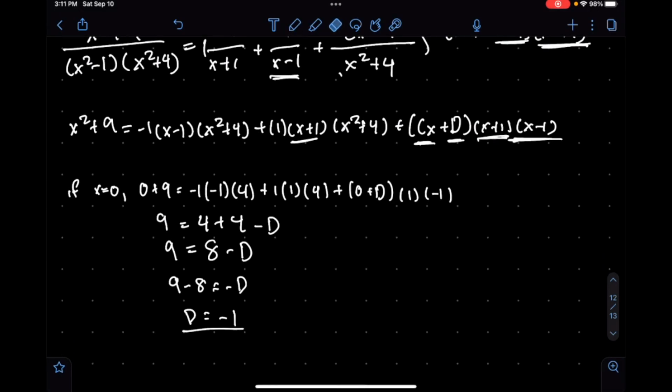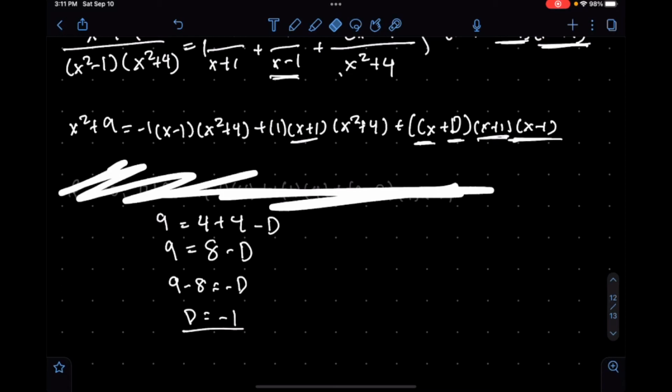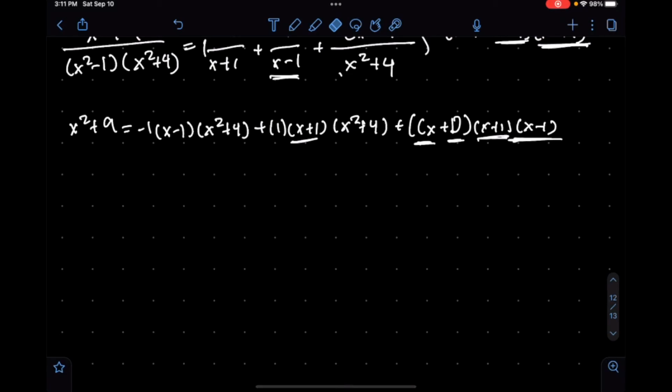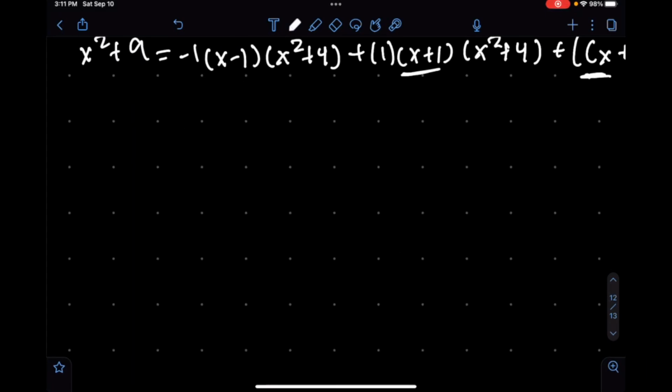So now finally we're left with this c. And we've exhausted the x equals 0 option, negative 1, the positive 1. So our best case, now that we have all variables except for 1, is just to put in the next best thing, let's say x equals 2, and solve for c as if we would normally.